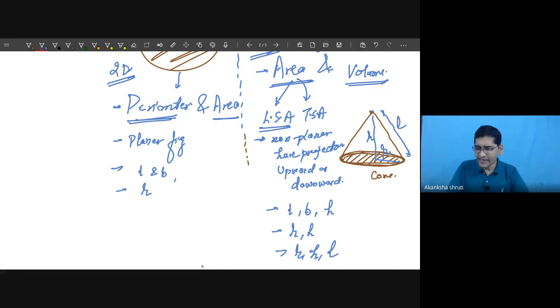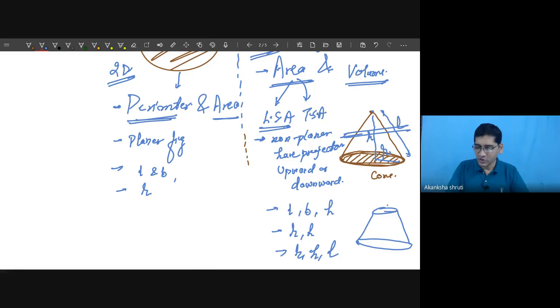It may be possible that this cone is now cut by another plane so that it forms something like this, a three-dimensional object like your drinking glass. They are of this shape, though inverted. The lower one is of the smaller circular area and the open one is of the bigger circular area.